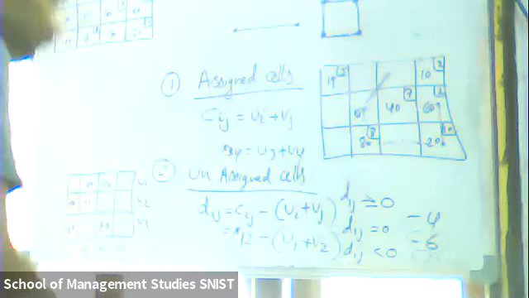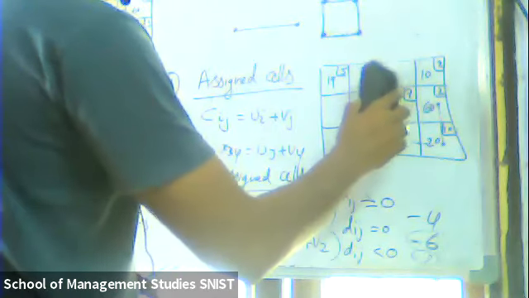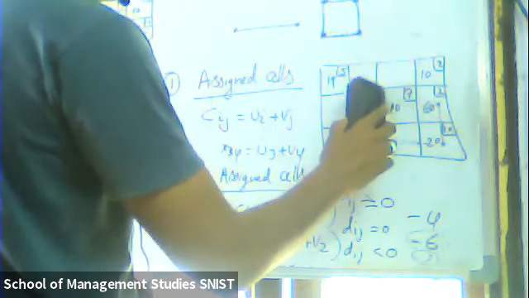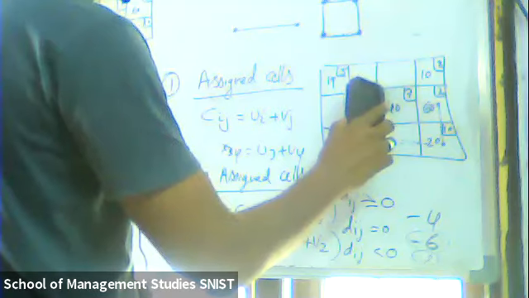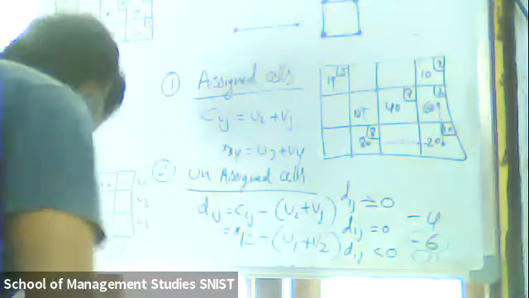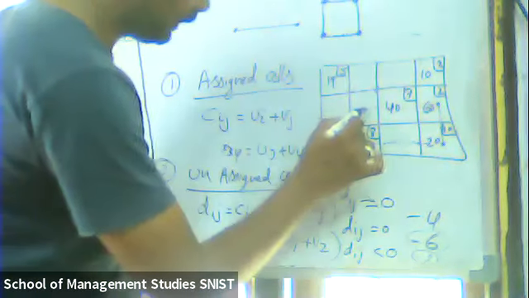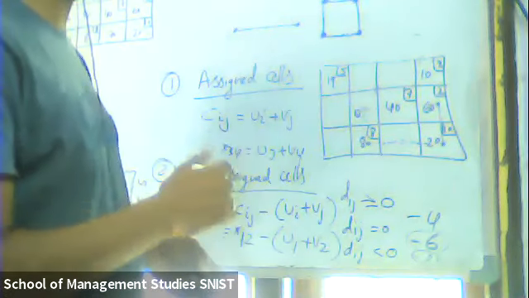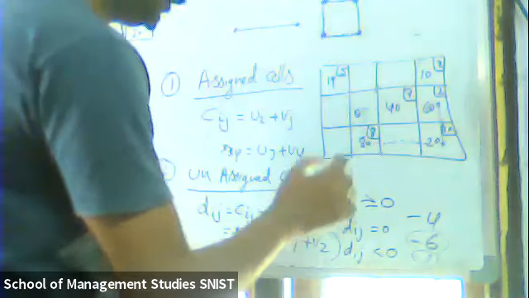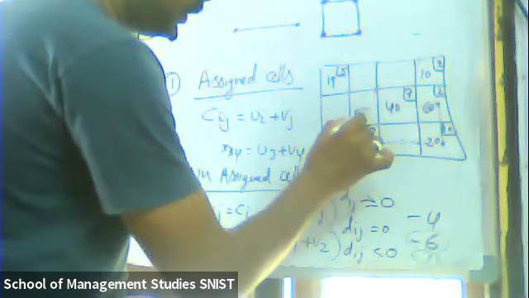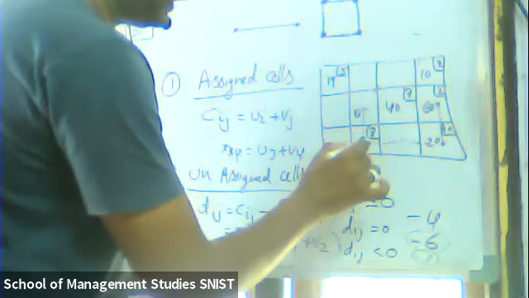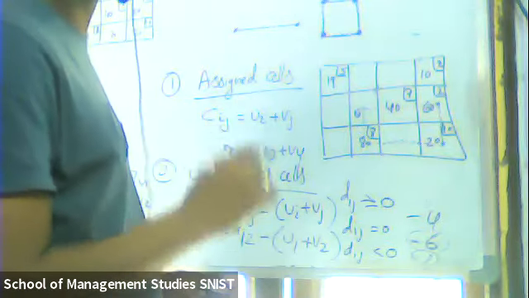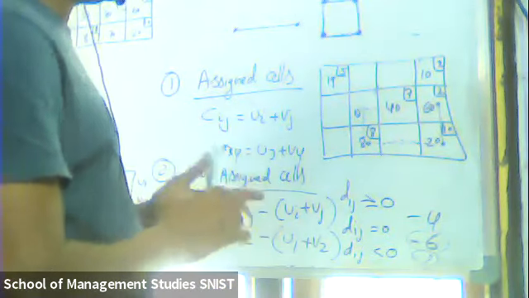Okay, clear? Now we got theta here and we identified it. So the loop has to end with an assigned cell.